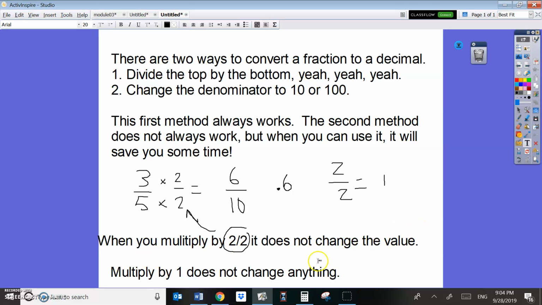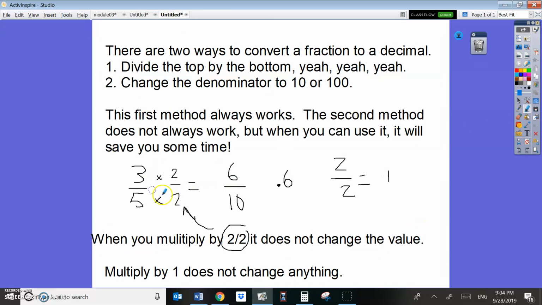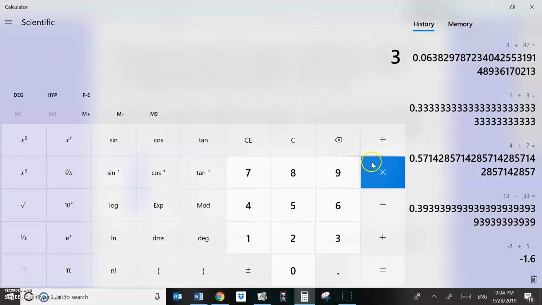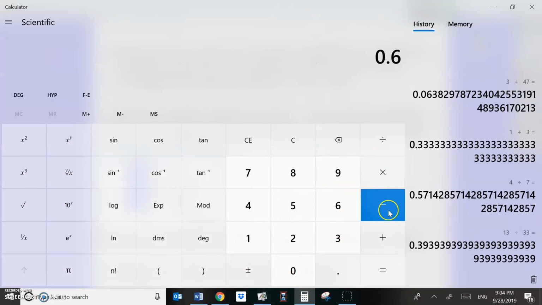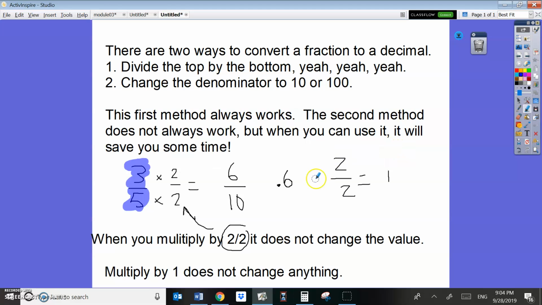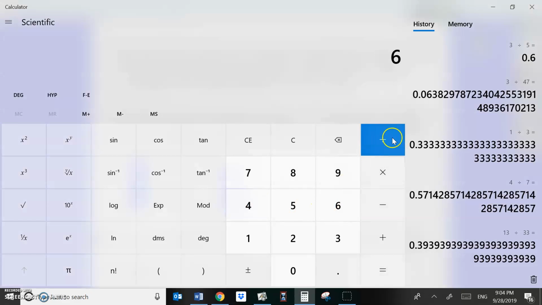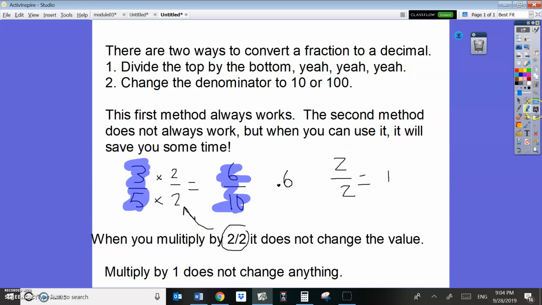So look on the calculator what happens if we do 3 over 5. 3 divided by 5 gives you 6/10. And then look at 6 over 10. 6 divided by 10 gives you 6/10. So 3/5 equals 6/10.